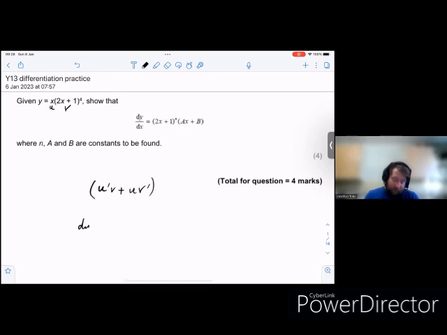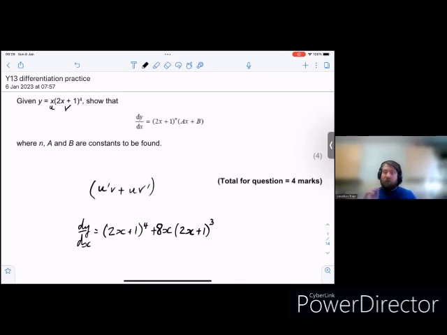So dy by dx equals u dash v. u dash is 1, so that will just be v. And then x for the u, and then v dash. v dash is a chain rule, so we'll do 4 times the bracket cubed, and then multiply by the 2 that's in the bracket, so that will become 8 times (2x plus 1) cubed.